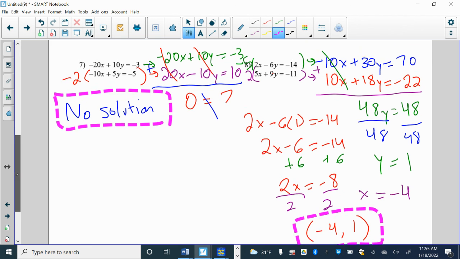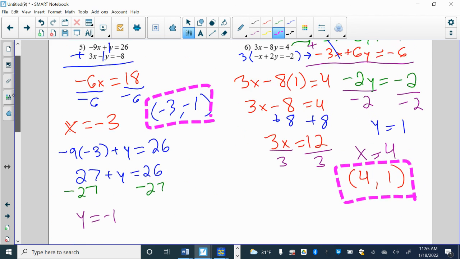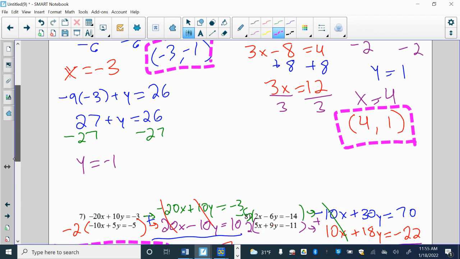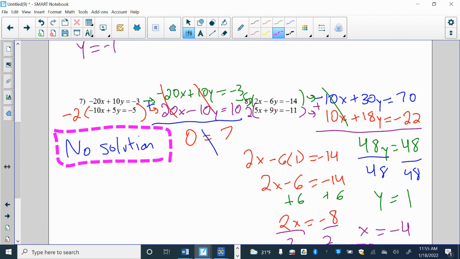Specifically, elimination is most useful when we already have opposite coefficients like we had in number 5 here. But it's a pretty efficient method regardless when we just have to multiply equations by numbers and get those opposite coefficients to solve.